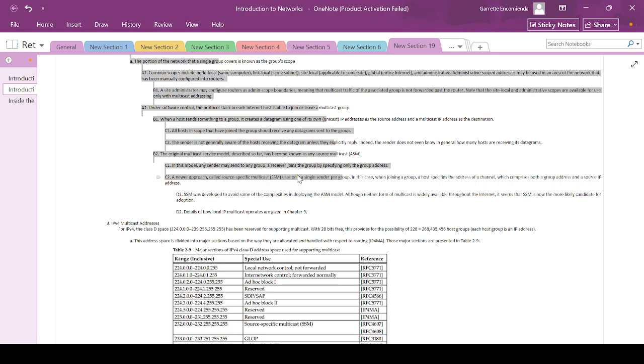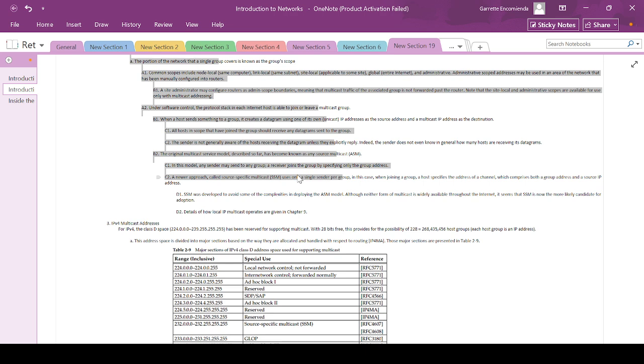The sender is not generally aware of the hosts receiving the datagram unless they explicitly reply. Indeed, the sender does not even know in general how many hosts are receiving its datagrams.